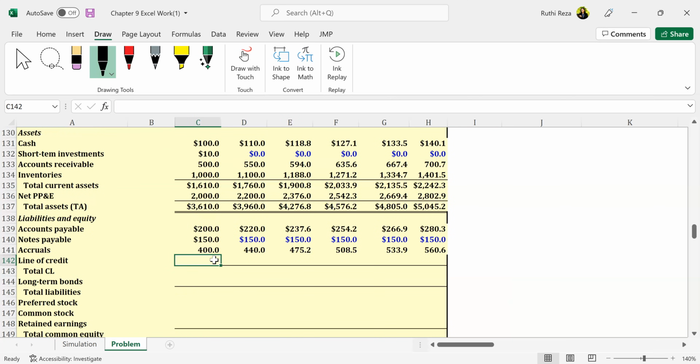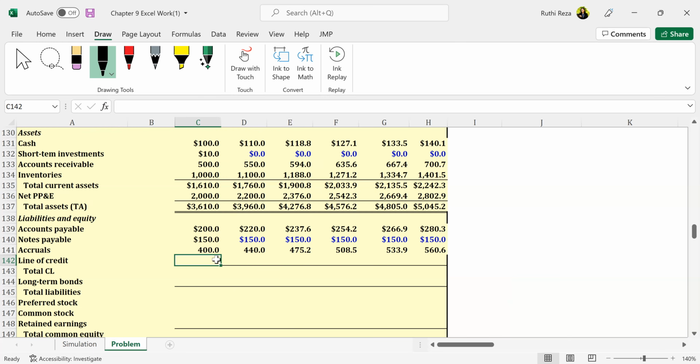The line of credit. So line of credit is the debt account which we are going to use to actually match our total assets equal to total liabilities and owner's equity in the forecasted years. And then we are going to also use special dividends to match both sides of the balance sheet.